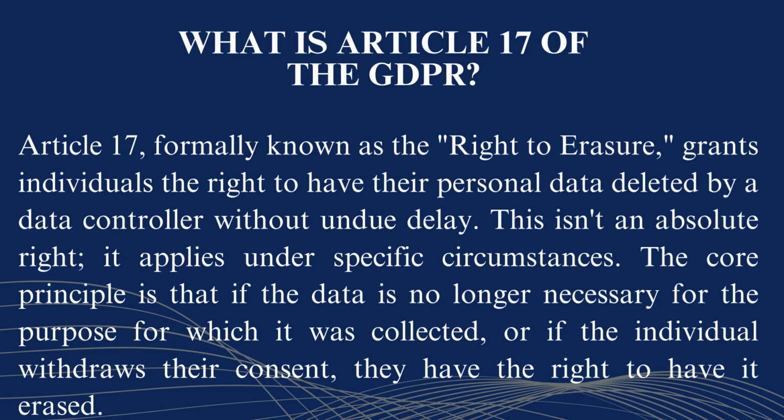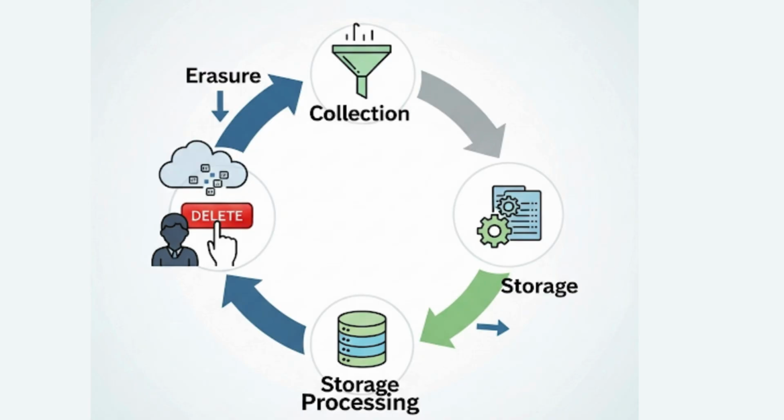So let's visualize this with the data life cycle. The first stage is collection. The data is born: you sign up for an account, and the company gathers your email and name. The second stage is processing. The data is actively used. They send you service updates or process your data. The third stage is storage. They hold on to the data, perhaps in a database.